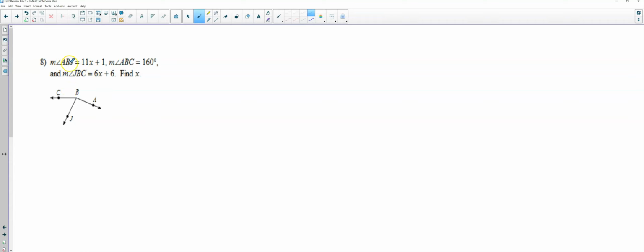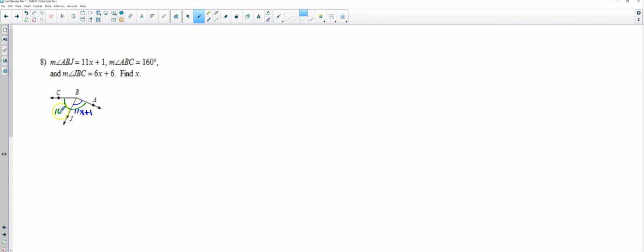Here we're given that the measurement of angle ABJ right here is 11x plus 1. So this one is 11x plus 1. That's this one right here. And then ABC is 160. ABC is the whole thing. So I'm going to change colors. ABC is this angle right there.